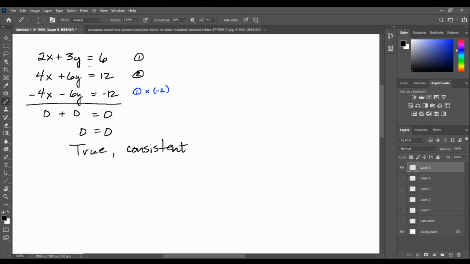And when we multiply equation 1 by 2, it gives us equation 2, which tells me that this is a dependent system. And so the solution is x, and what would be the y? Well, let's solve one of these for y.